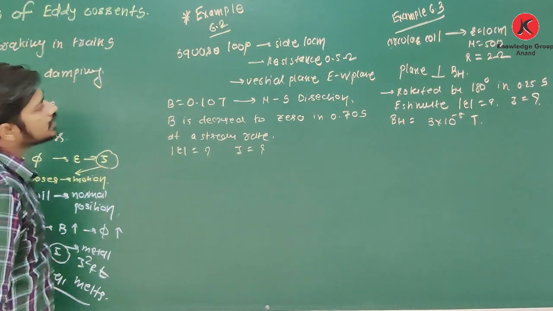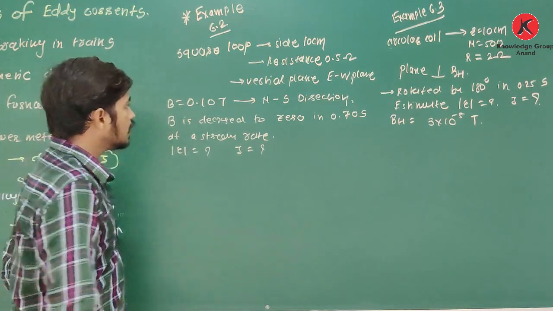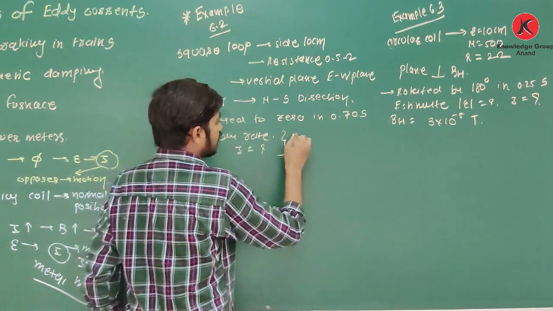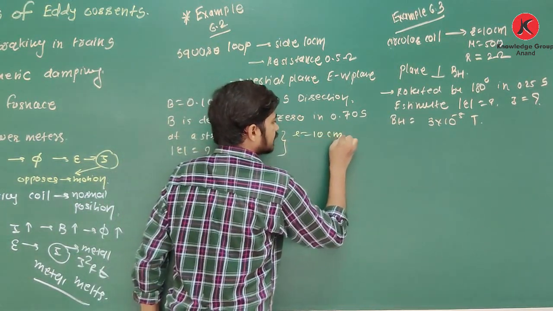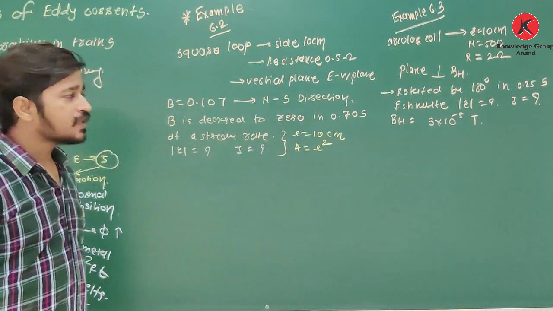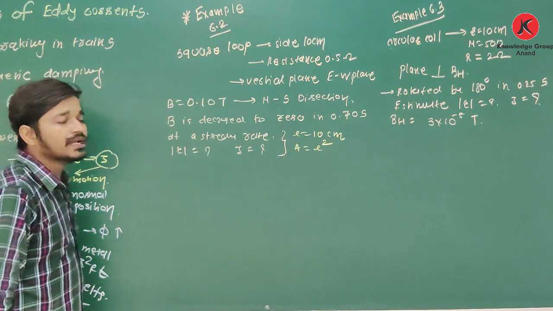See, you are given a square loop having side 10 centimeters. So how to write data? We will write data. L is equal to 10 centimeter. So area A is equal to L square. Simple. Magnetic field.